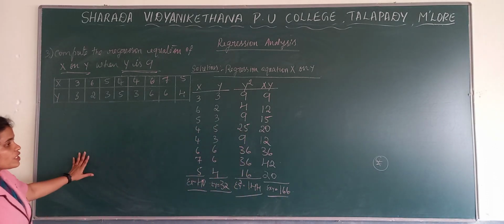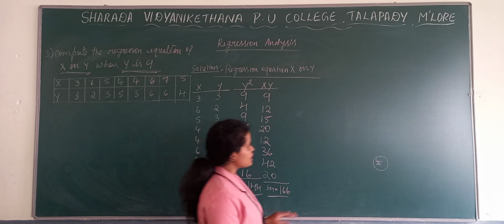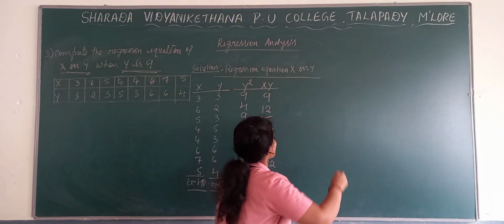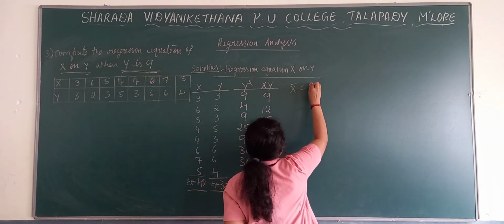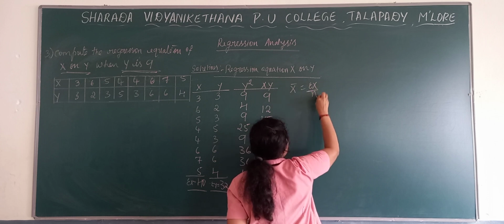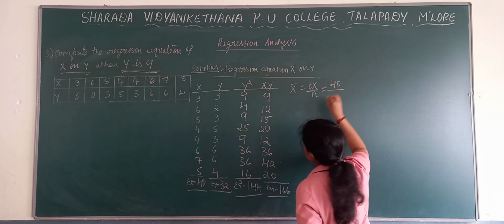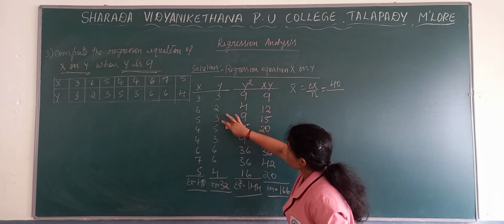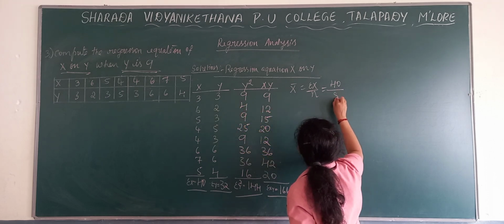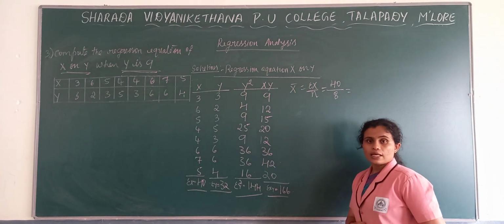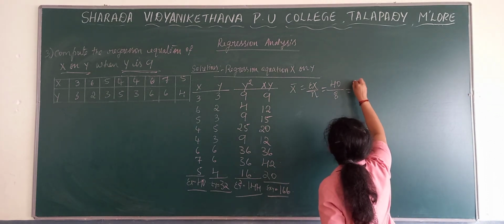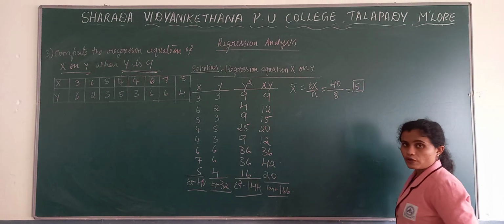As I said, firstly we calculate x bar and y bar. So x bar is equal to sigma x by n. So sigma x, that is 40, by n. How many observations? 8 observations. So 40 by 8, we get x bar as 5.